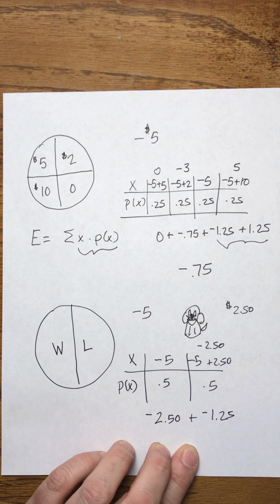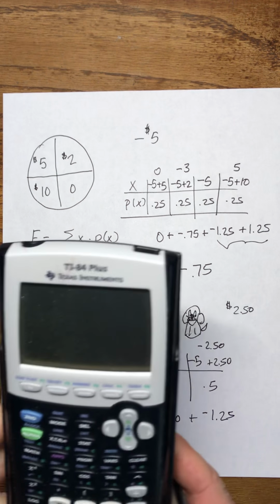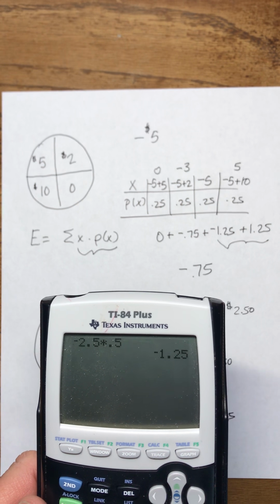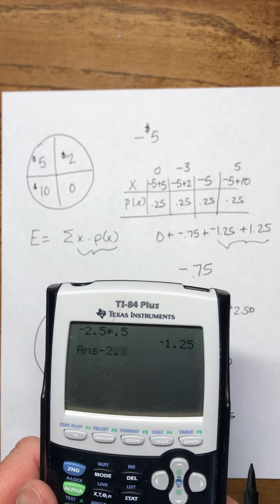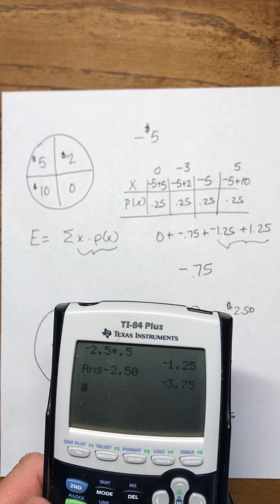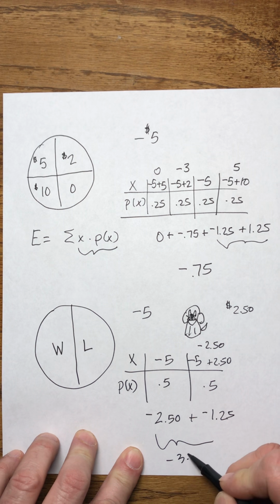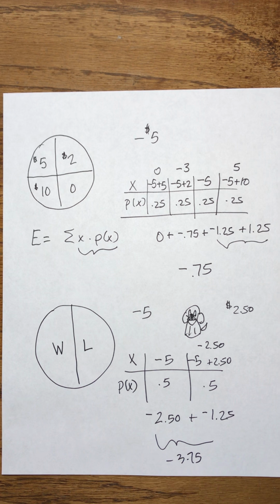So if you added these together, negative 2.50 times 0.5 comes out to minus 1.25, minus the other 1.25, where you get negative $3.75. On the average, every time people came to play your game on the boardwalk, you, as the owner of the booth at the boardwalk, would win $3.75. So you can see what expected value does.